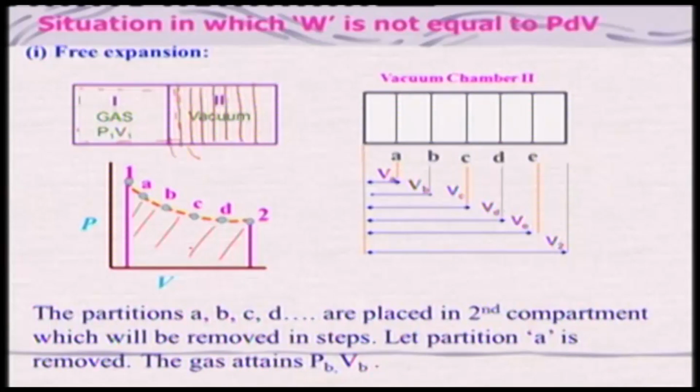Actually it cannot be. That is the reason I have put this dashed line, just to indicate that it is not a reversible process, okay. Generally when you draw a process diagram in thermodynamics, particularly classical thermodynamics, we use a solid line for a reversible process, and for an irreversible process we use a dashed line.